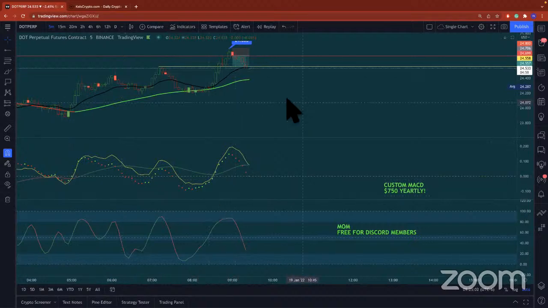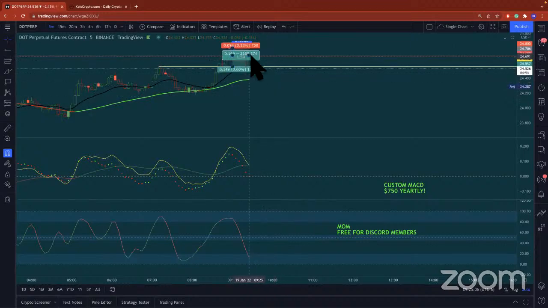Well, if you would have taken that half position, you just hit your target. That is 0.6.